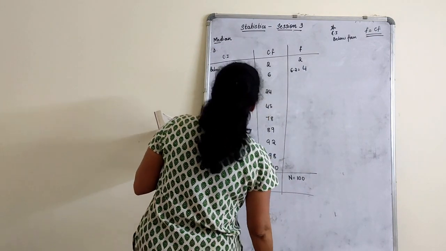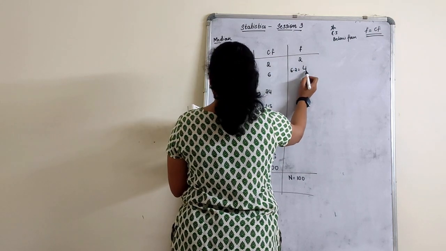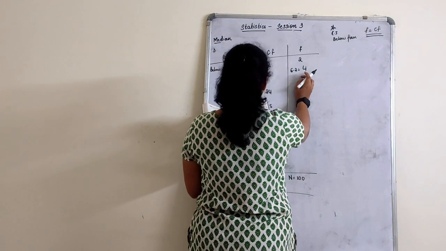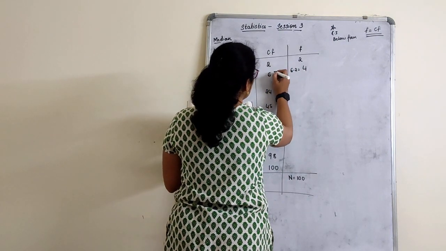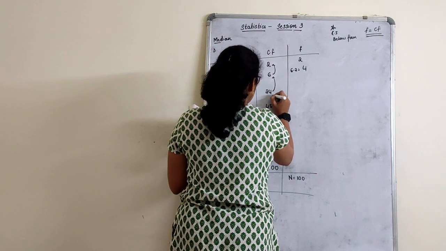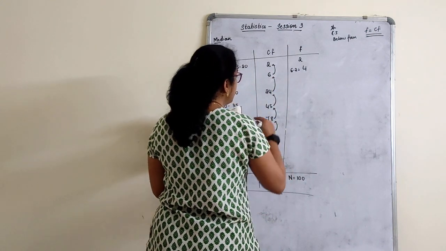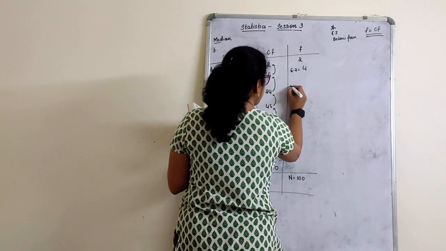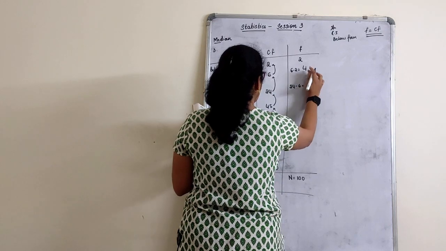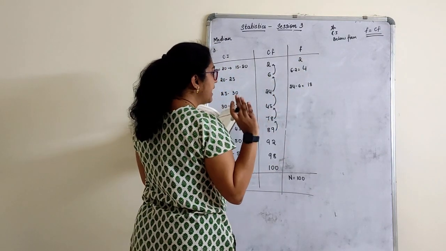First term is 2. The second term, how did we write? 6 minus 2. We got the answer as 4. Keep that as it is. The next term, we need to subtract like this. The next term will be 24 minus 6, 18. Don't touch these terms. These are frequencies. Don't do anything with 18 now.